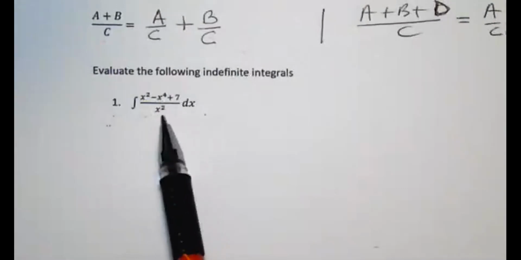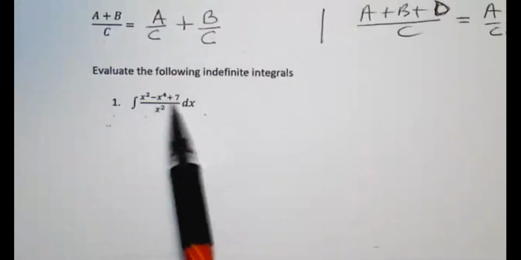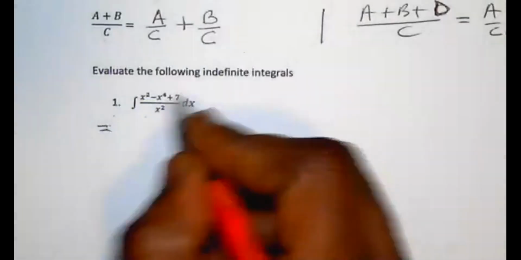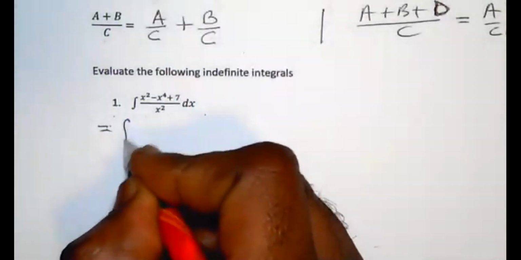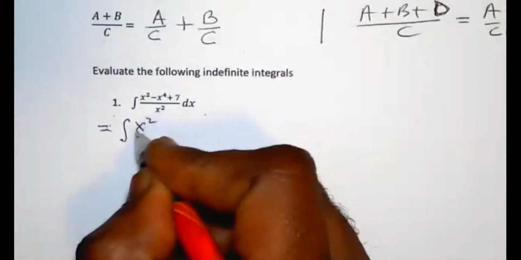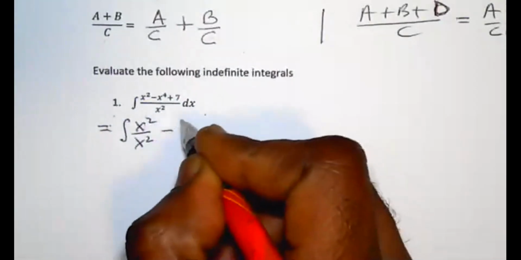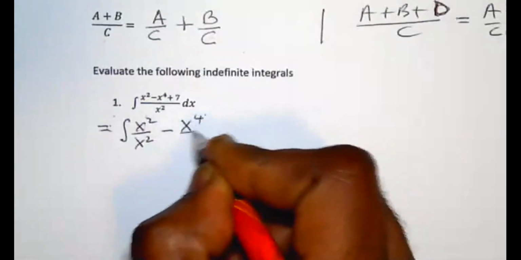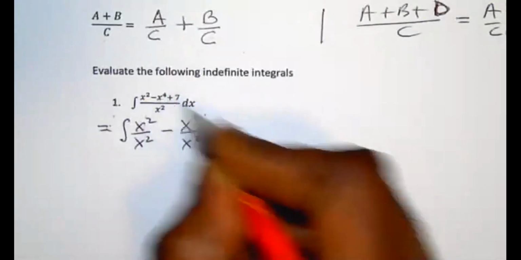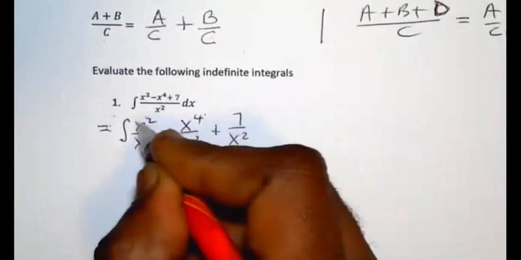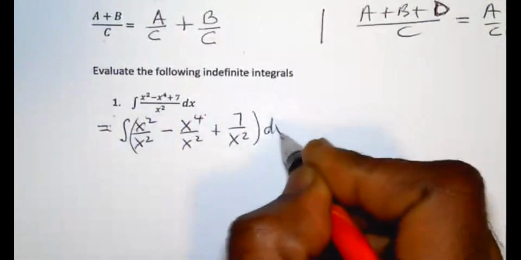There's a common denominator for each of these 3 terms. So let's split this by dividing each of them. You have the integral of x squared divided by x squared, minus x to the 4 divided by x squared, plus 7 divided by x squared, all this dx.